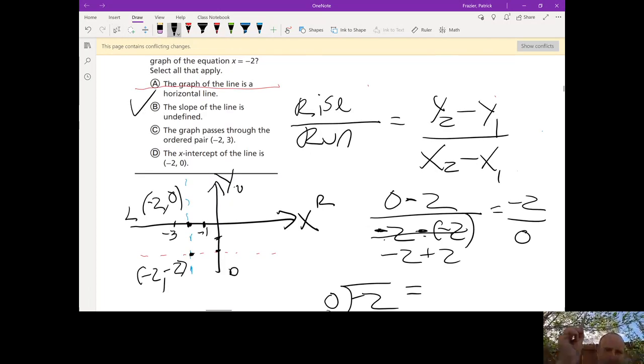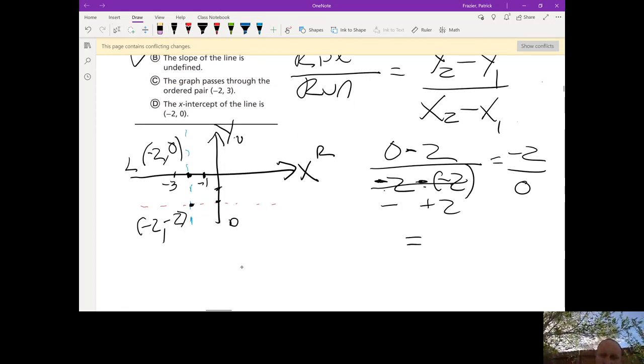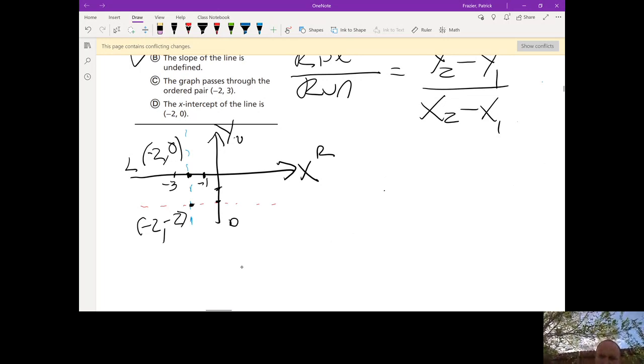Whereas if it was the other way around, if we were to take some points over here, we know that's -2 and -2, and this point here would be x equals 0, and y, of course, equals -2.